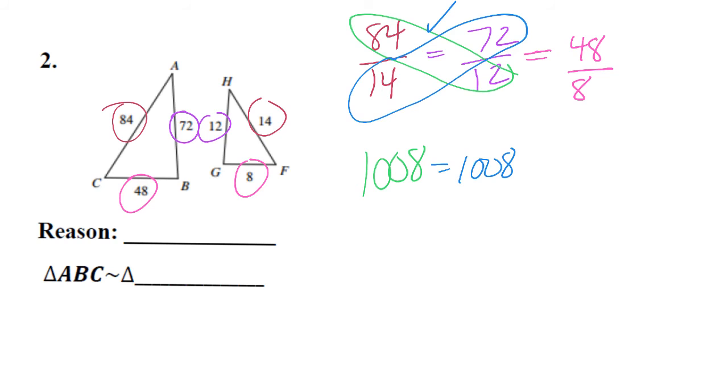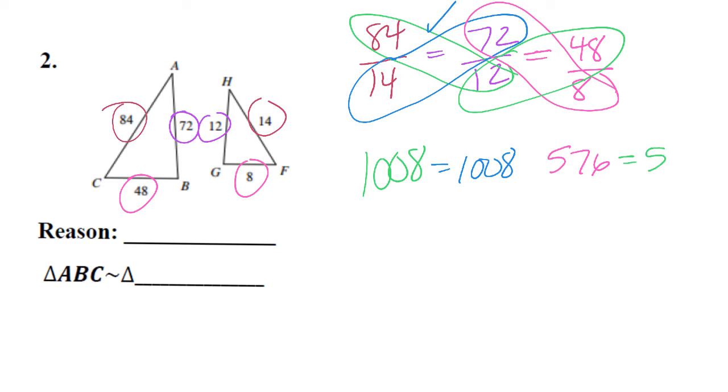So this checks out. Then you want to do 8 times 72, which is 576, and 12 times 48, which is 576. So these check out as well. So that's going to be side, side, side.